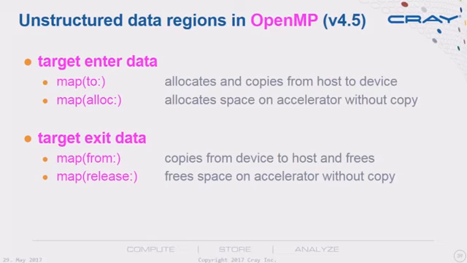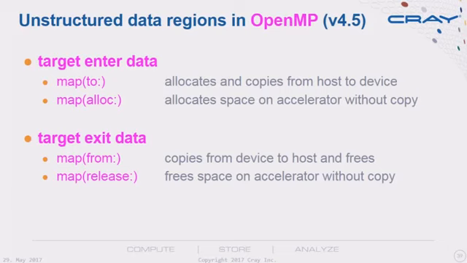Here we can say that at the beginning of our data region we want to copy array A, or we just want to allocate some memory for array A, and at the end of our data region we then define whether we need to copy back, or we just deallocate and release the memory.